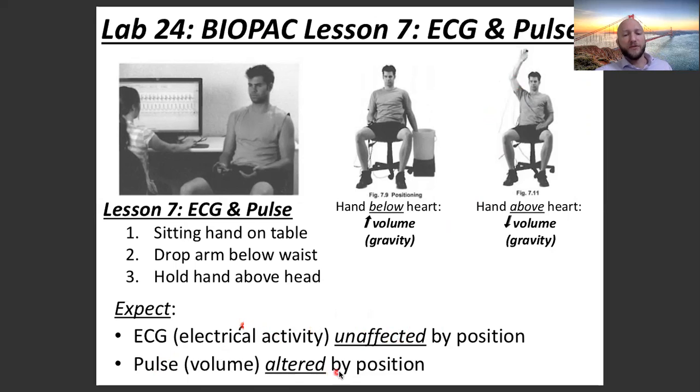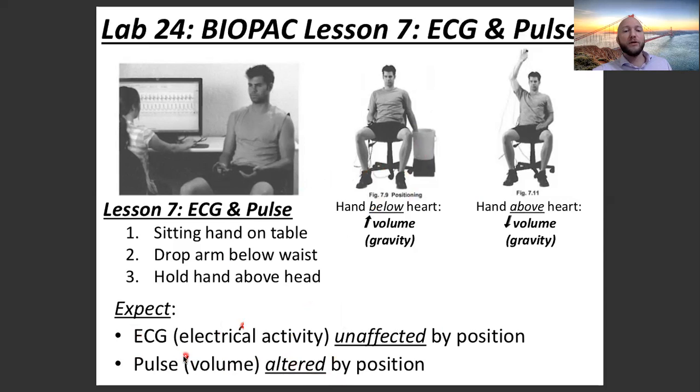Pulse is going to be altered by position. The rate, again, is only going to be different because of the energy you're using to hold your hand above. And remember, pulse rate and heart rate with ECG, it's going to be 1-to-1 ratio, basically the same thing. What's going to be different is the volume of blood, the amount of expansion that you have. When you have your hand resting down below, gravity is going to pull blood downward.